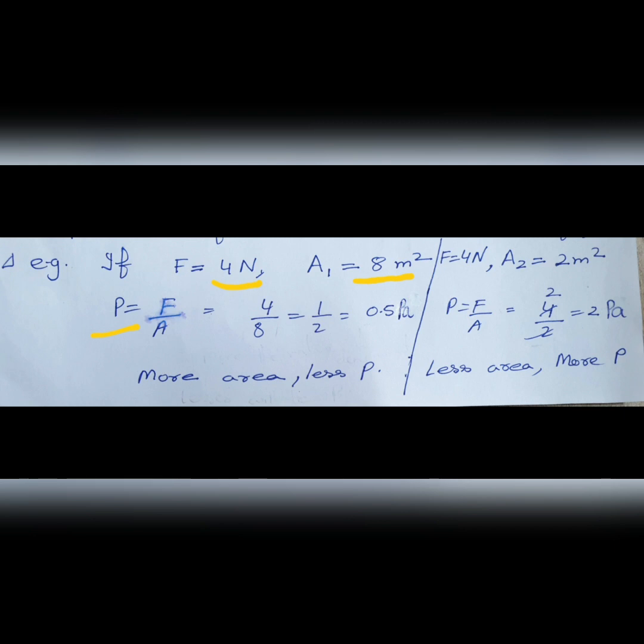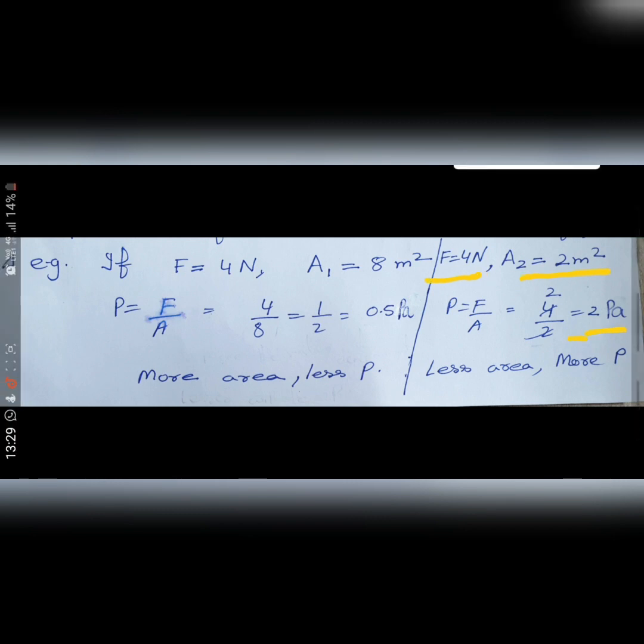We put these values in this formula and we get a pressure of 0.5 Pascal. If we increase the area, the value in the denominator, suppose to 10, then the pressure decreases further. So the more the area, the lesser the pressure.